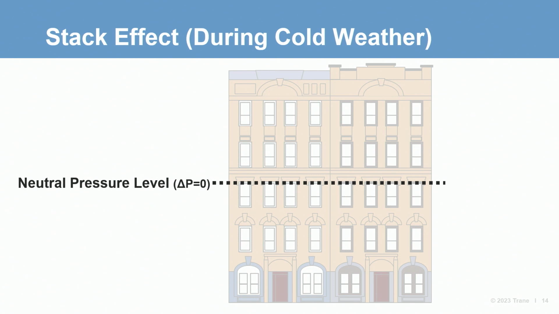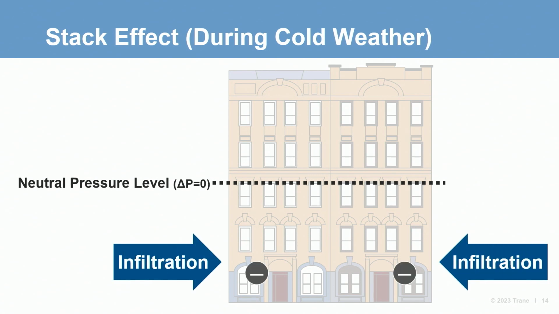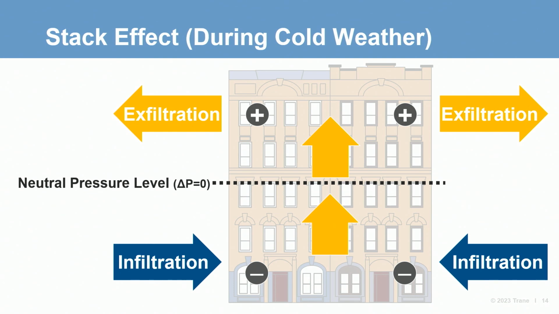Consider a simple 5-story building in Brooklyn. During cold weather, the more dense outdoor air infiltrates at lower floors of the building. Then, warm, less dense air rises inside the building and exfiltrates at the upper floors. The neutral pressure level, the point where indoor pressure is equal to outdoor pressure, is near the middle of the building.